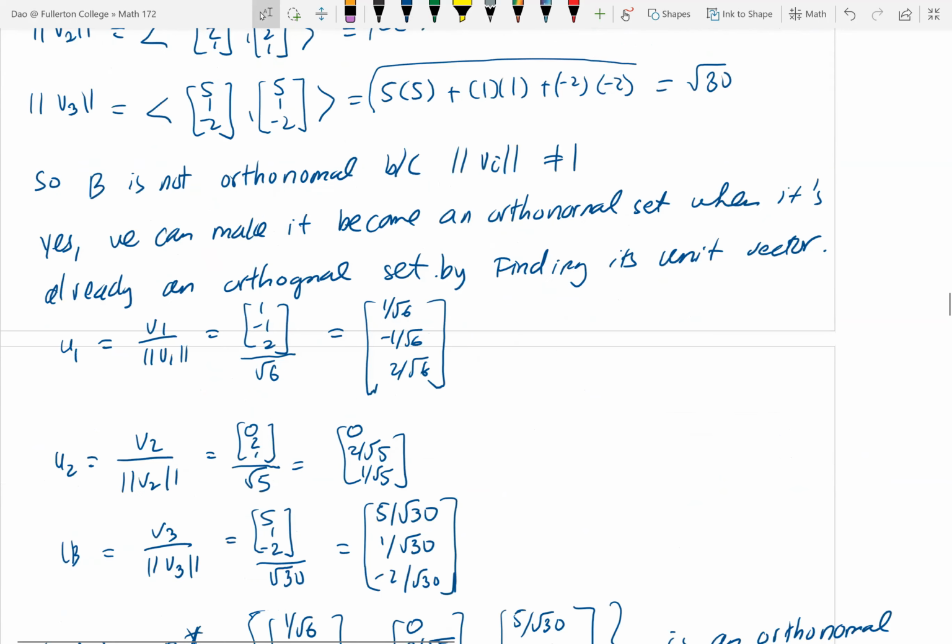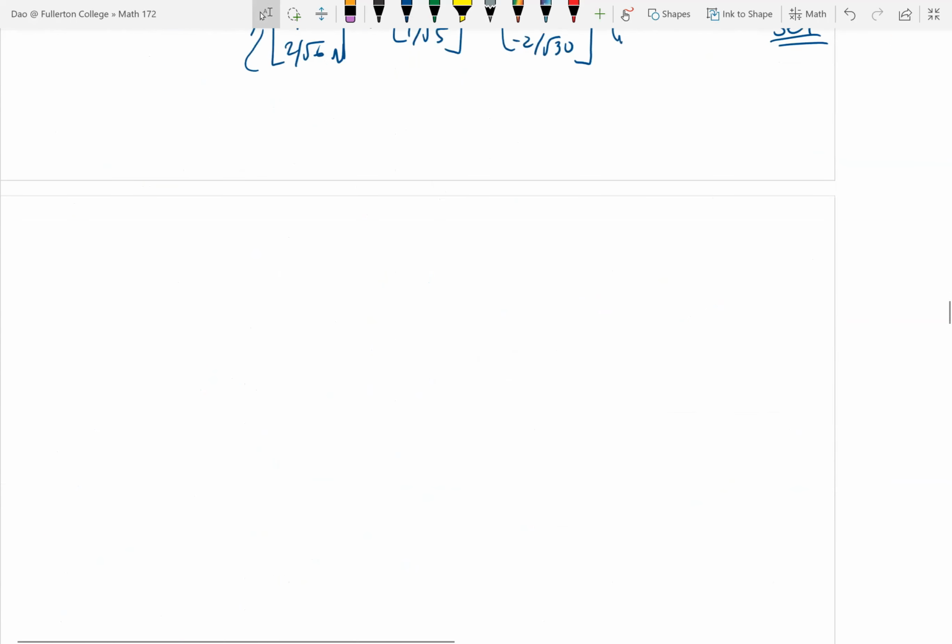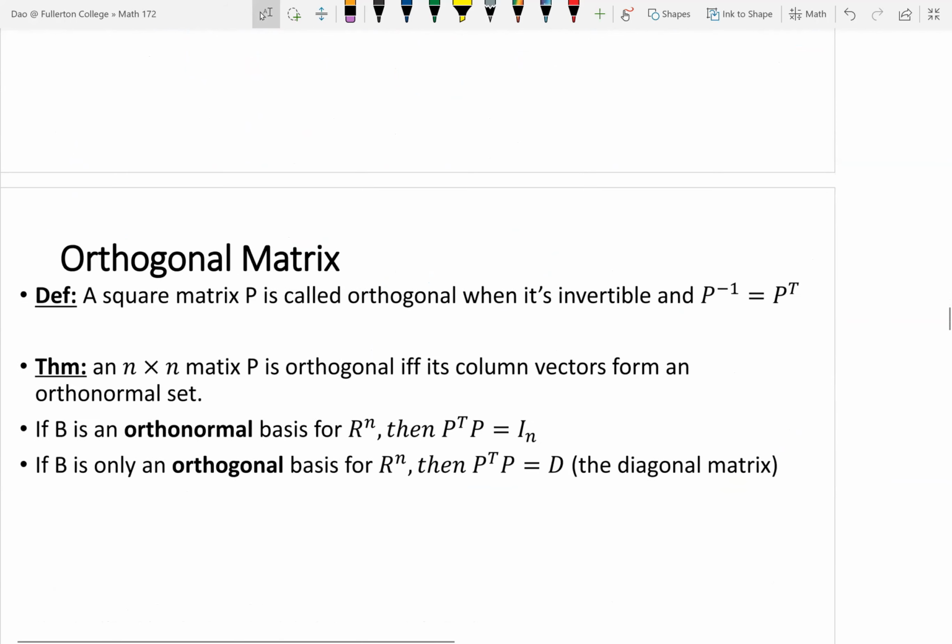All right, so next we take a look at the idea of an orthogonal matrix. What is an orthogonal matrix? A square matrix P is called orthogonal when it is invertible and P's inverse must equal P transpose.